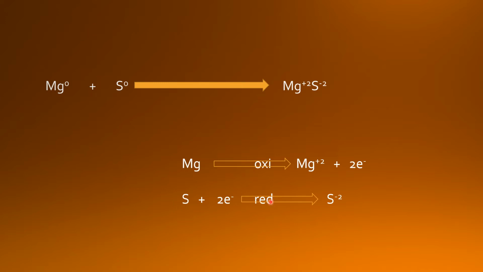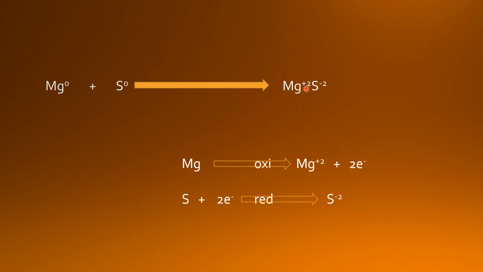Now we will apply this to the reaction between this magnesium and sulfur. Here the magnesium oxidation state is 0. Sulfur's oxidation state is 0. But as we have seen here, magnesium is losing the 2 electrons and carries the +2 charge.